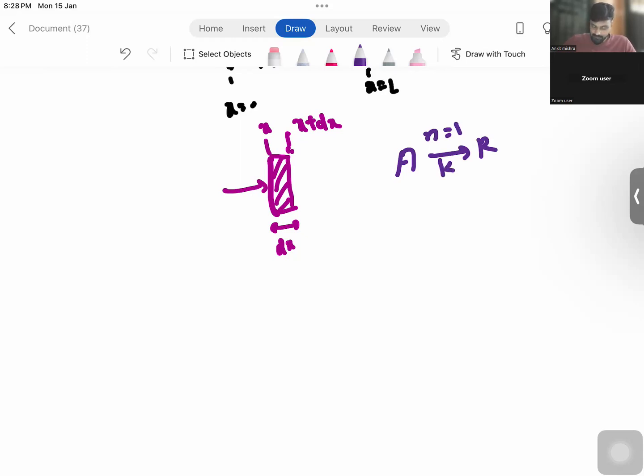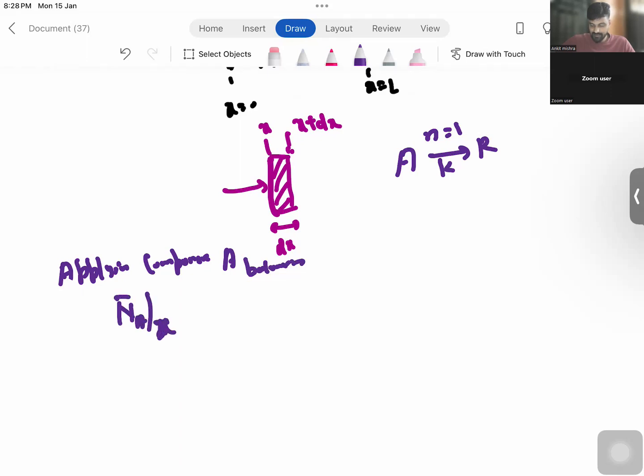So if I apply the component balance, what I can write is: rate of A at x minus rate of A at x plus dx, right? This is your diffusion. And obviously with diffusion, reaction is also happening, so you have to take care of the reaction. So minus of Ra into dV, that is equal to 0.